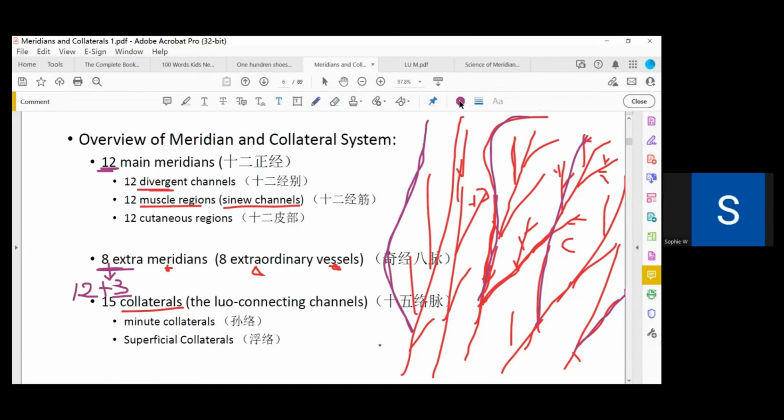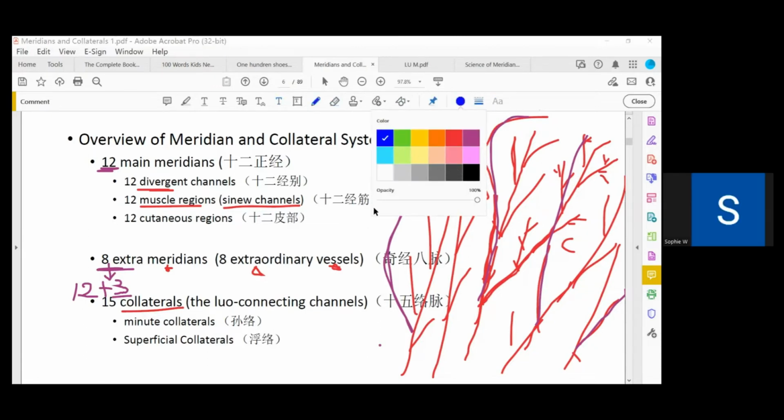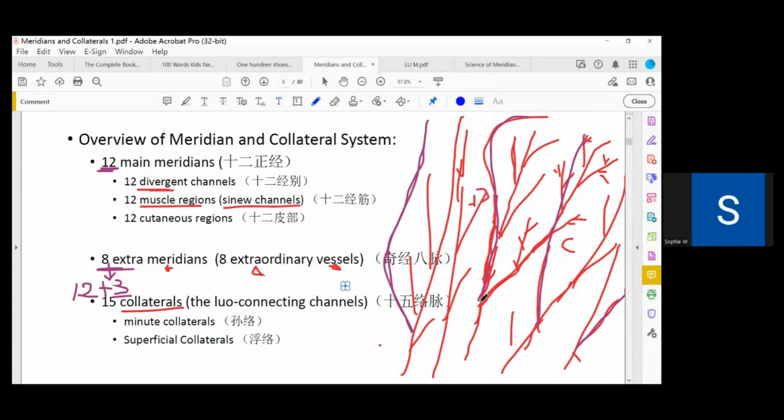So let's change the color. That's the collateral, right? That's the collateral. That's the collateral. So for each collateral, there are branches, right?